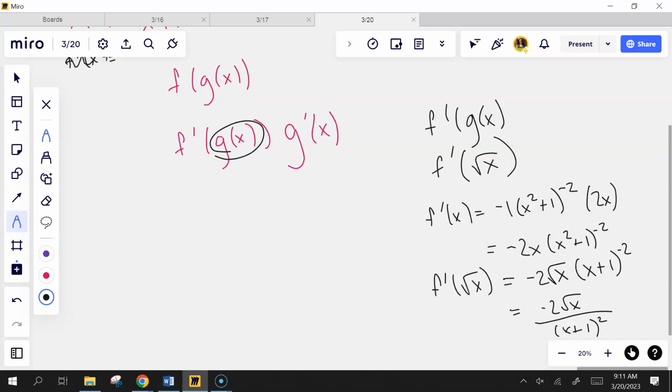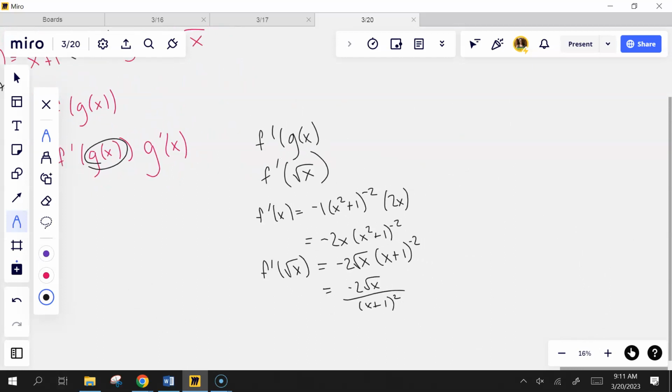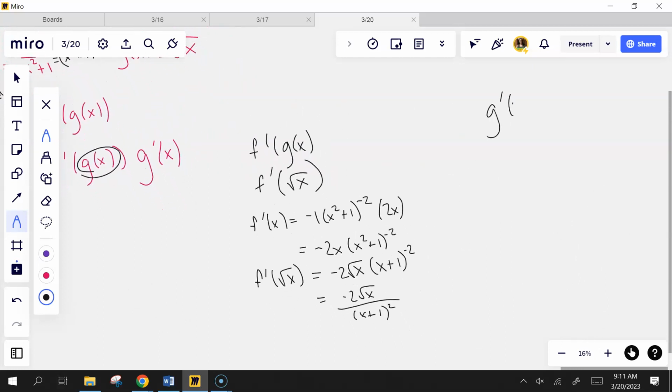And I'm going to multiply that by the derivative of g. I got C. Yep. Which would be A.